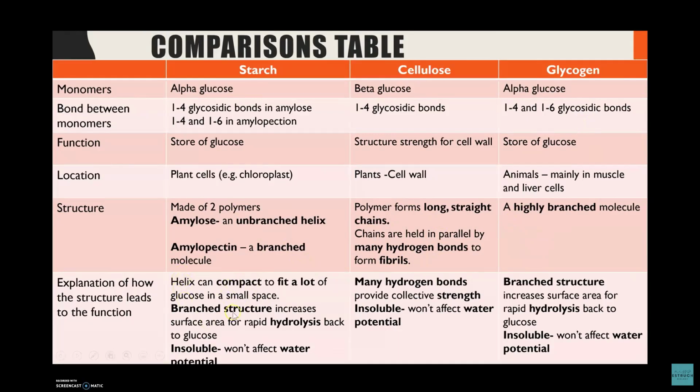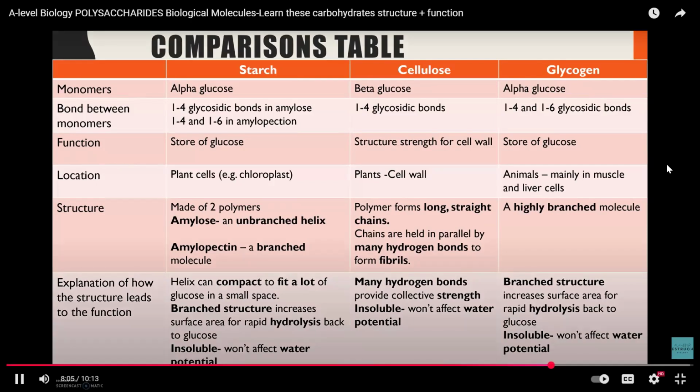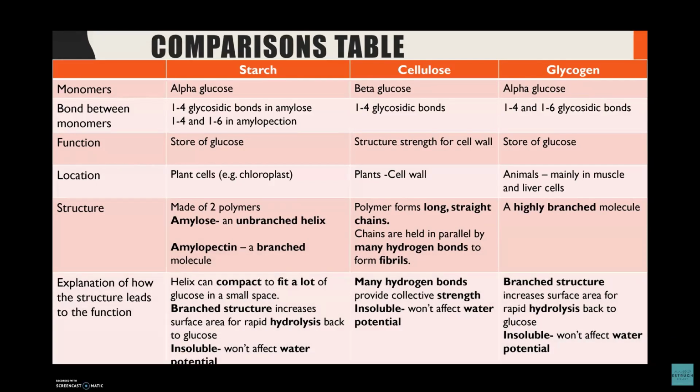So the fact that it's a storage molecule, starch, the helix shape of amylose means it can be compacted down, as if you were squashing a spring. You're squashing it, you're compacting it, and that's a benefit. It means you can fit a lot of glucose into a small space.